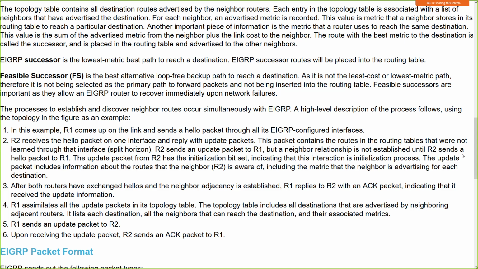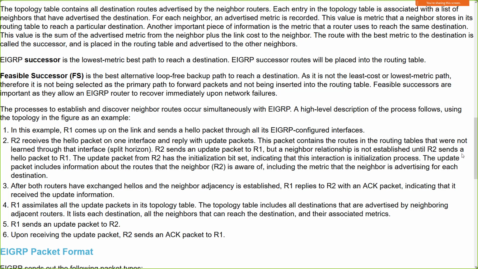Maybe, right? What would prevent a successor from going into the global RIB? Any ideas? We know it's the best route within EIGRP. But just because it's the best route within EIGRP doesn't mean it's the best route on the router, right? We have things like administrative distance that allow us to identify whether or not route A or route B goes into the table.